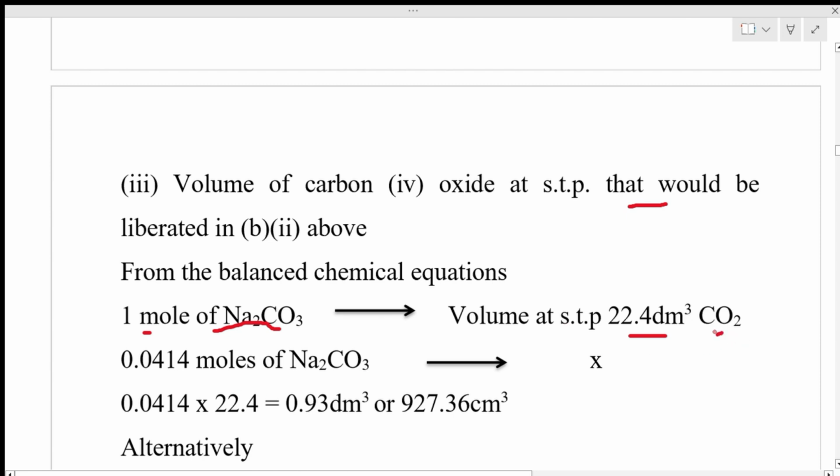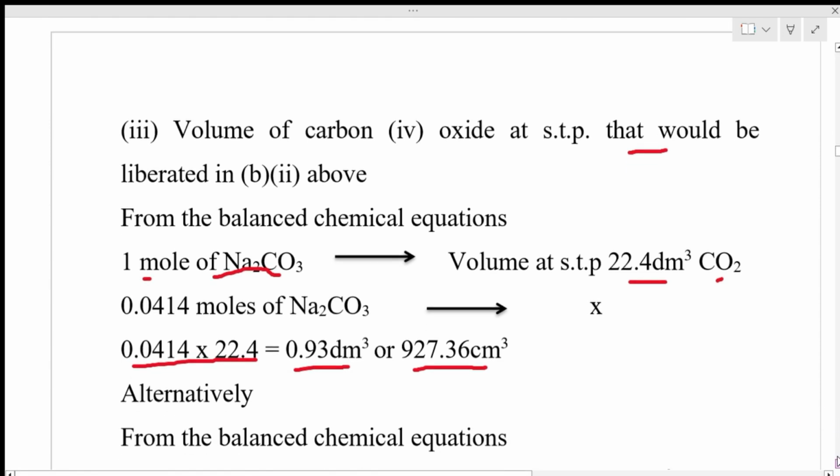It's a stoichiometric calculation, mole to volume. So 0.04 moles to X. When we do that, we have 0.93 dm³, and when you convert to cm³, multiplied by 1000, that gives us 927.36. Remember, 1 dm³ is equal to 1000 cm³.